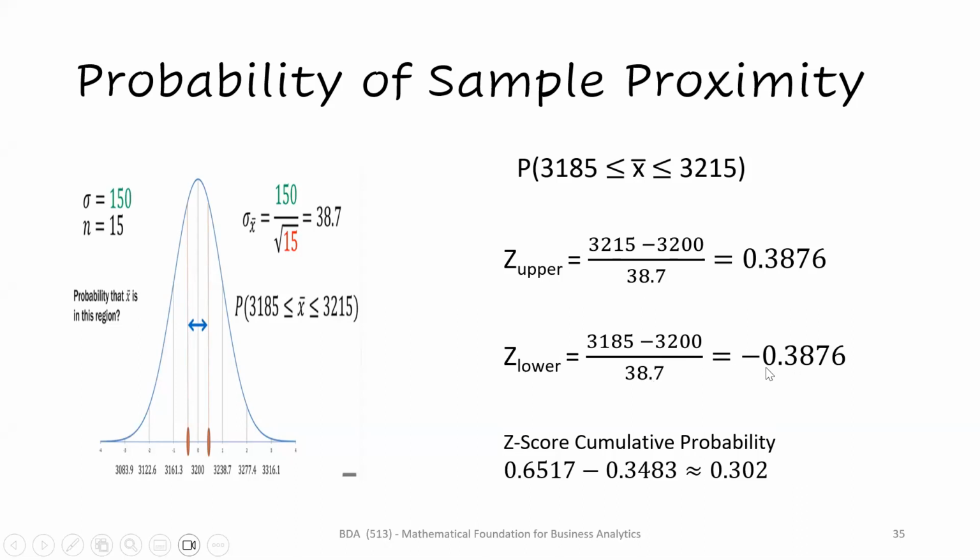That also gives us negative 0.3876. Okay, so let's see the z values for the upper and then the lower.